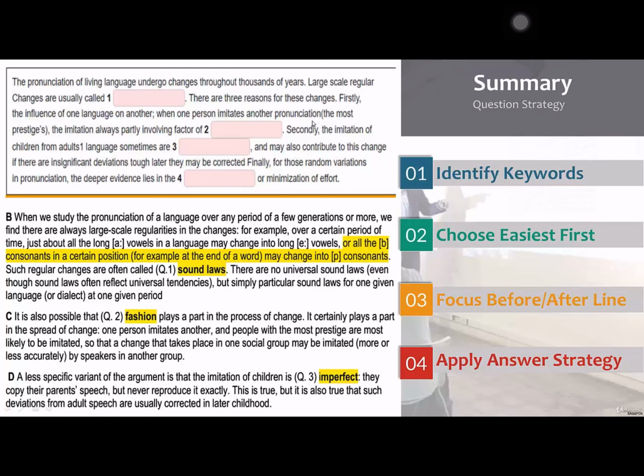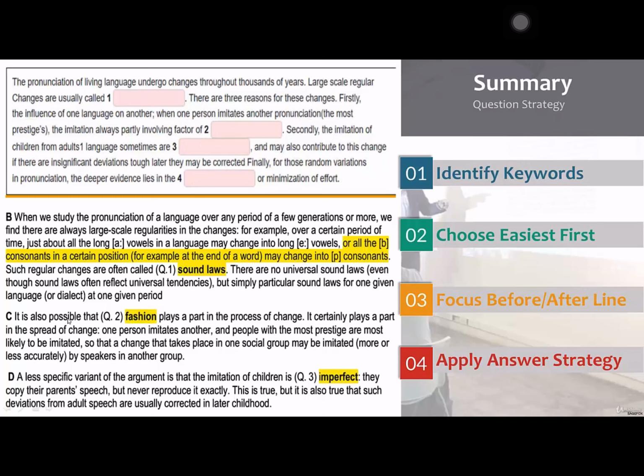Now, for number two, it says, firstly, the influence of one language on another. When one person imitates another pronunciation, the most prestigious, the imitation always partly involves a factor of blank. So look at what they did here.